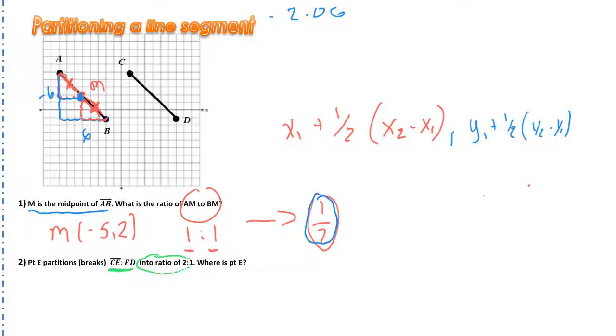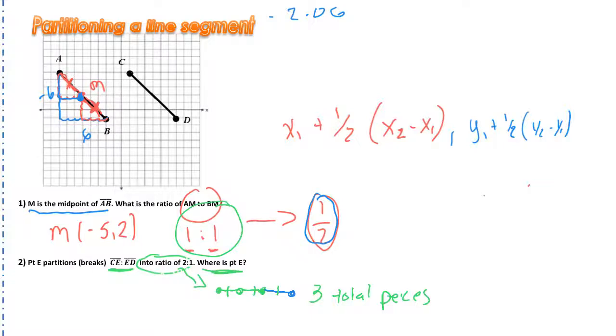First of all, you need to notice 2-to-1 would be 2 pieces, and then one other piece. I'm splitting the line into 3 total pieces in a 2-to-1 ratio. In the 1-to-1 ratio up here, I split my line into 2 equal pieces. So a 2-to-1 ratio means 3 equal pieces.